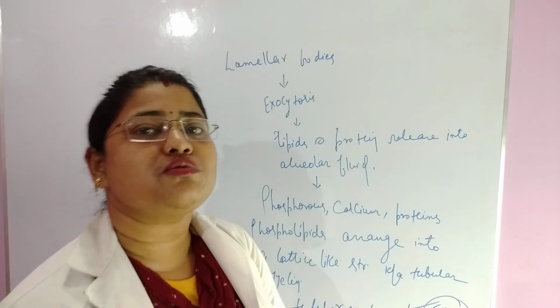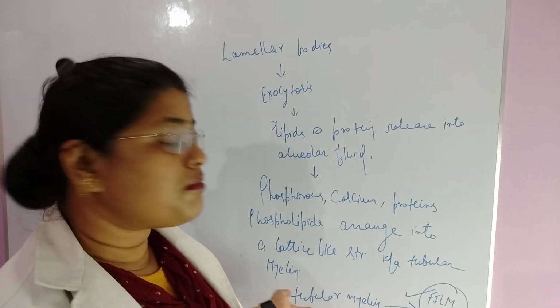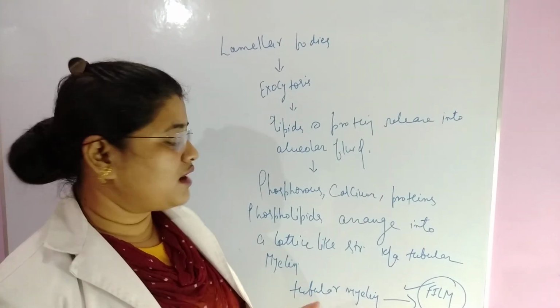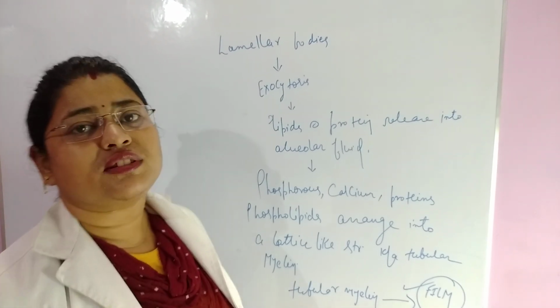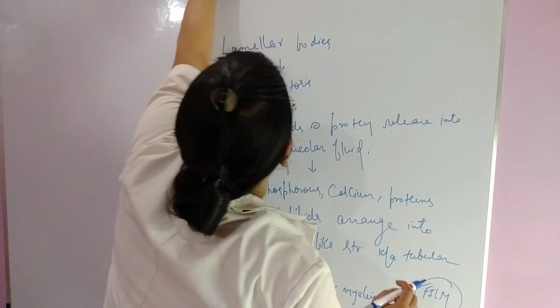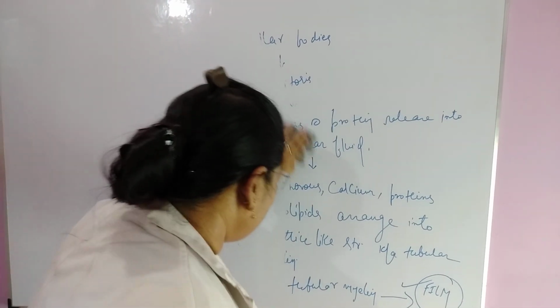Phospholipid arranges into a lattice-like structure known as tubular myelin, and this tubular myelin gives the appearance of a film, and this film spreads all over the surface. So this is about the formation of film or pulmonary surfactant.